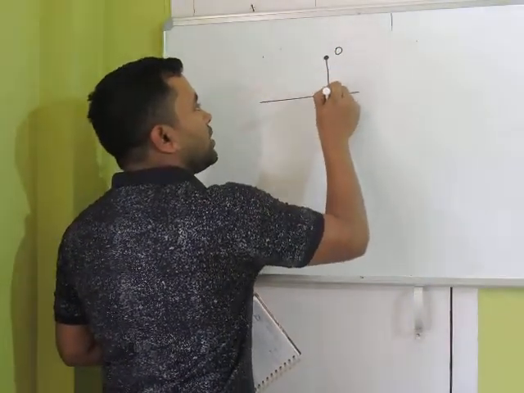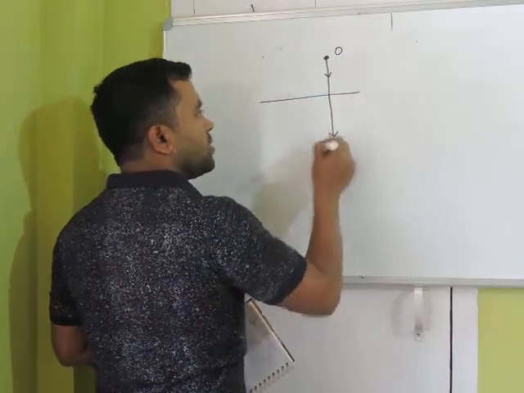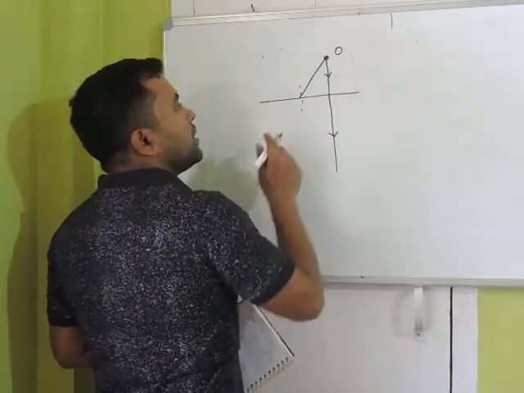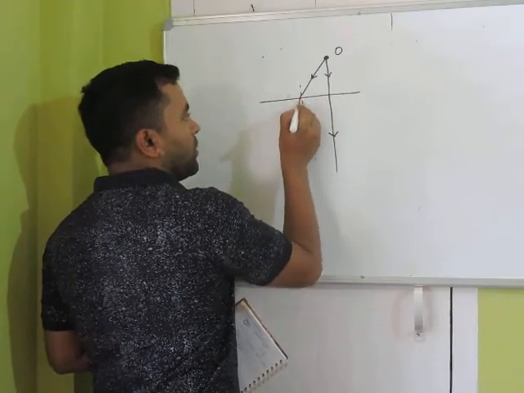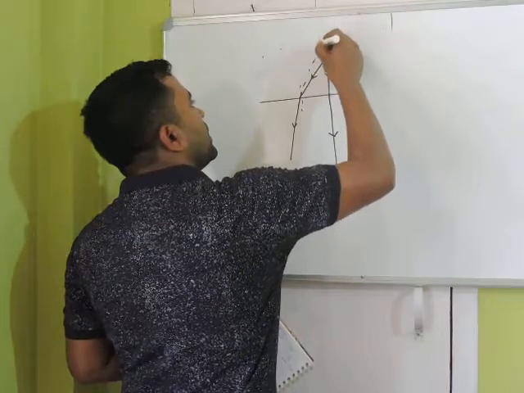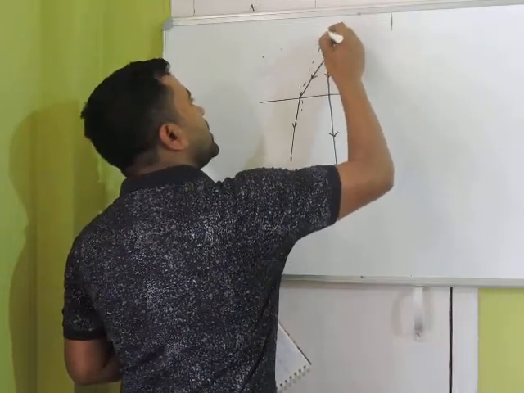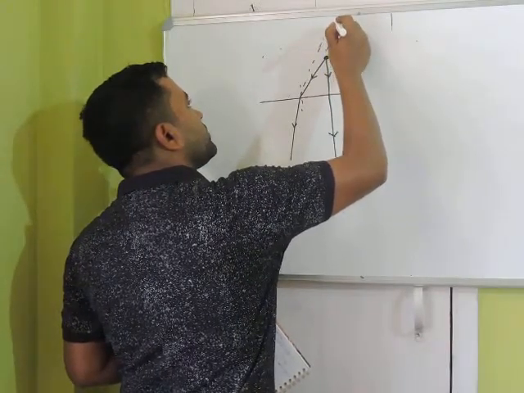Suppose we take an incident ray like this, it goes straight, and if we take an incident ray at an oblique angle, then it bends towards the normal, so it goes like this. Now if I extend the refracted ray, you can see the image of the object will appear here.